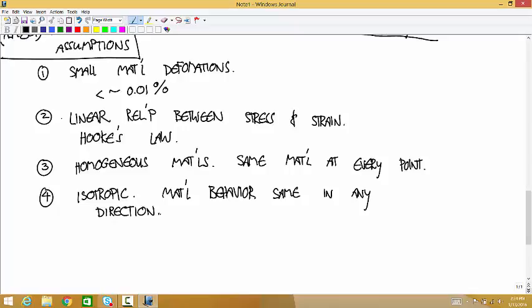Steel, no matter what direction you try to stretch it, the constant of proportionality between deformation and loading is the same. So anything with a grain direction is not isotropic.